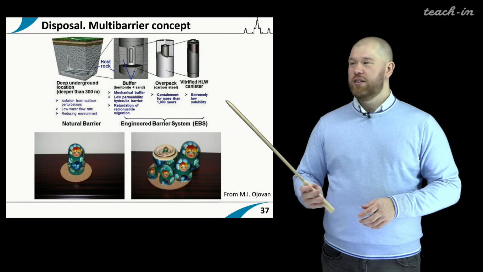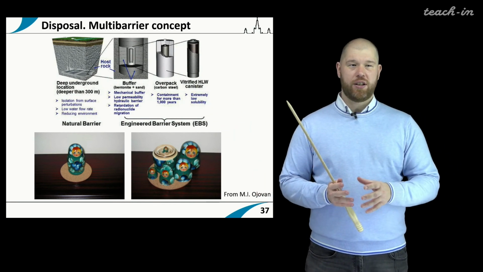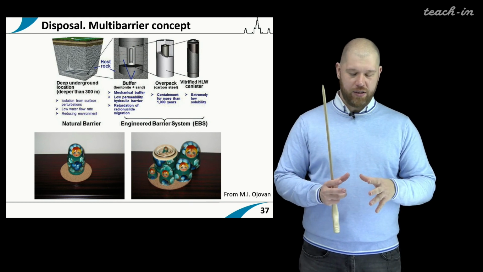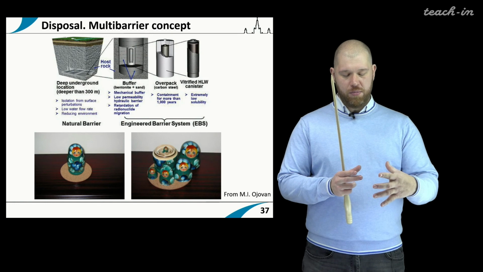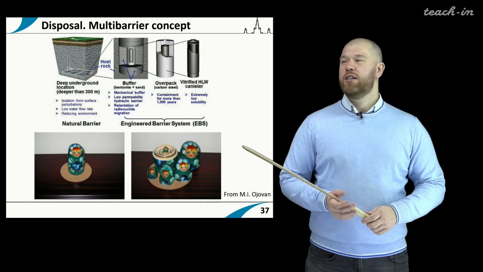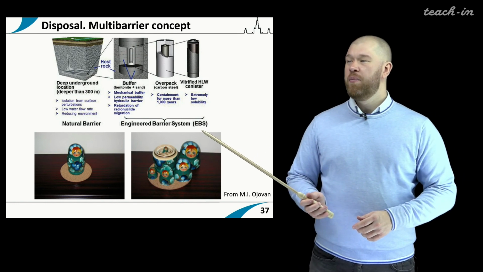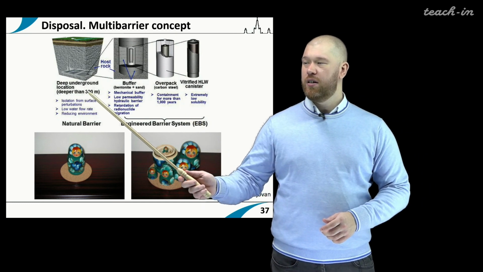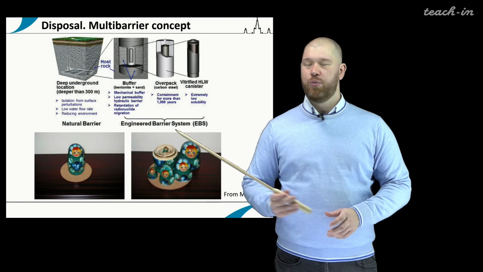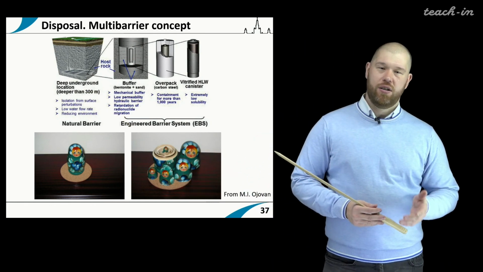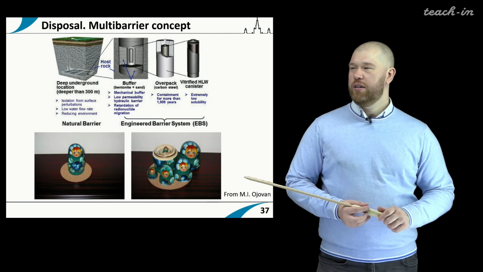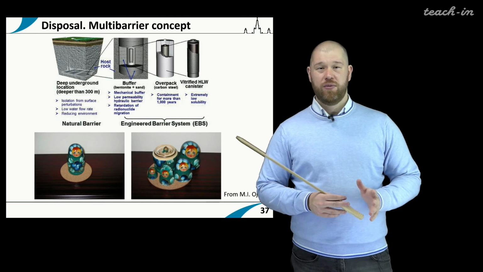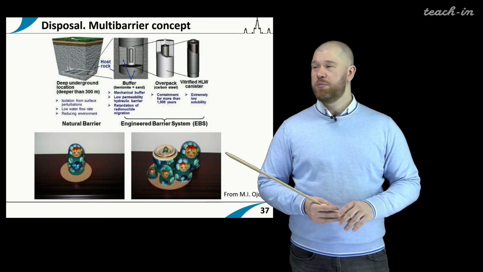These containers can be very complex. It can be a simple stainless container, or it can be a system of a stainless container, buffer material, and another stainless container, for example. And then this container is placed in an underground repository that is located at a depth of more than 300 meters, at around 450, 500 meters.